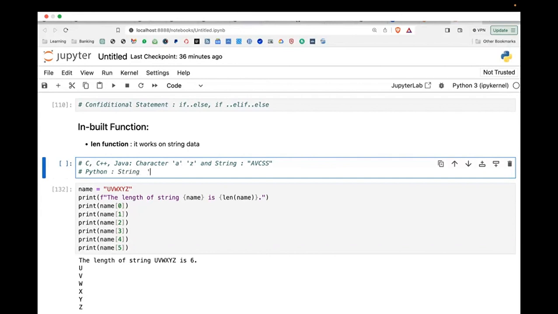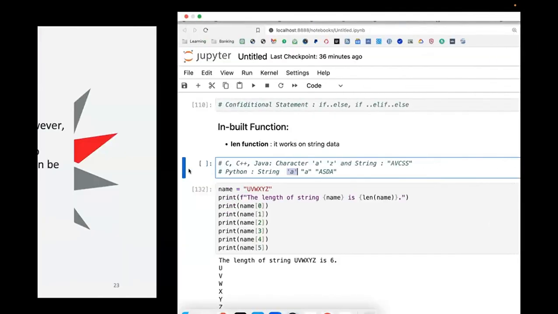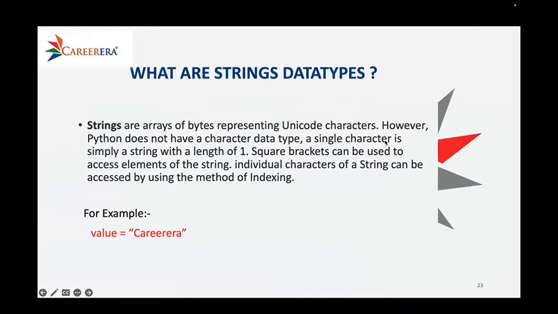Either you write a single character or many, everything is a string. This is a string, this is a string. A single character is simply a string with the length of 1.